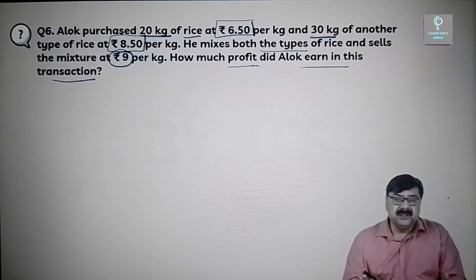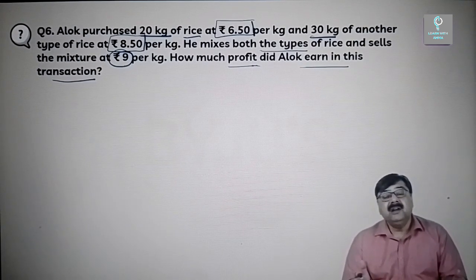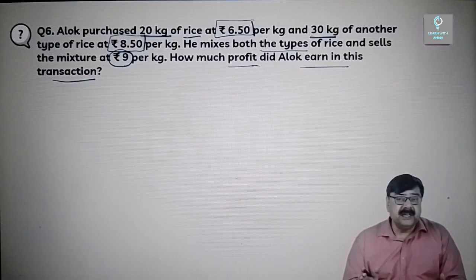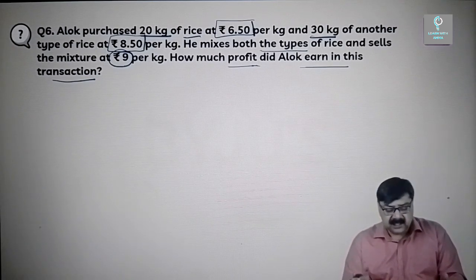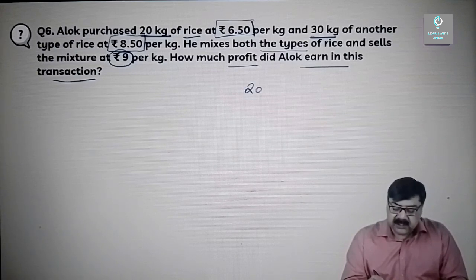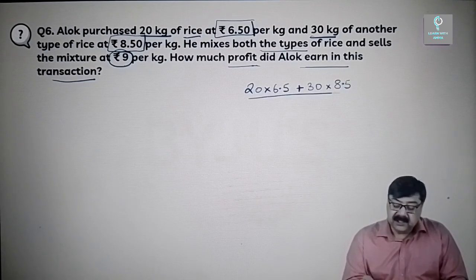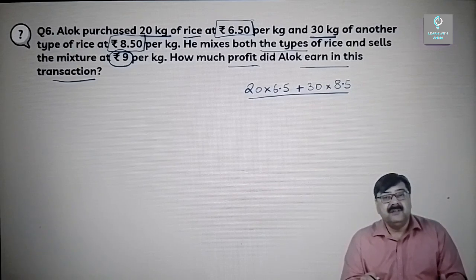Profit percent is not mentioned. That is why we cannot directly calculate the cost price of the mixture. So we will use our standard method in this case. That is 20 kgs of rice at rupees 6.5 per kg plus 30 kg of rice at rupees 8.5 per kg is the total cost of the mixture.